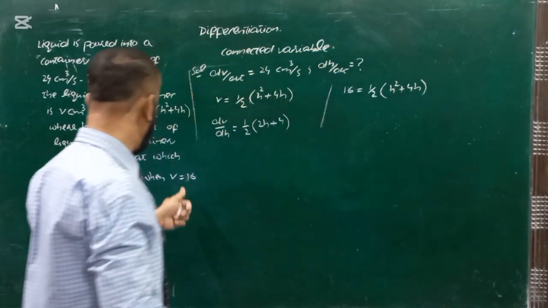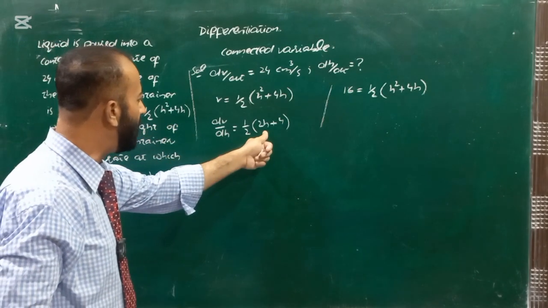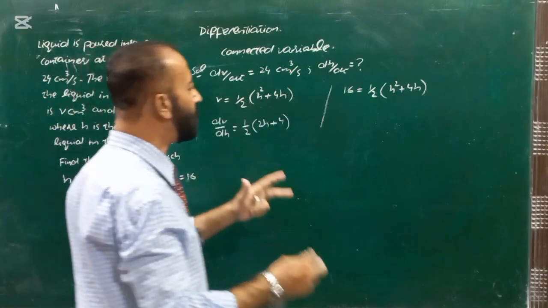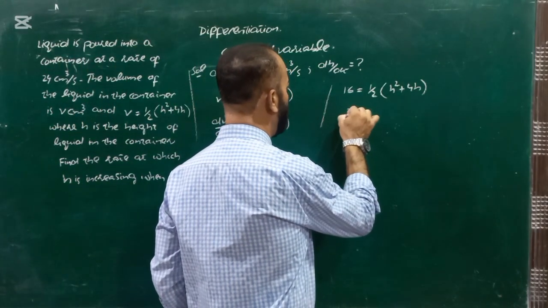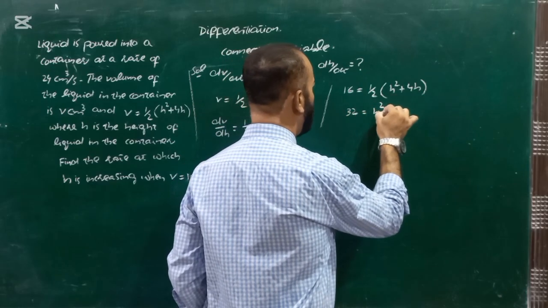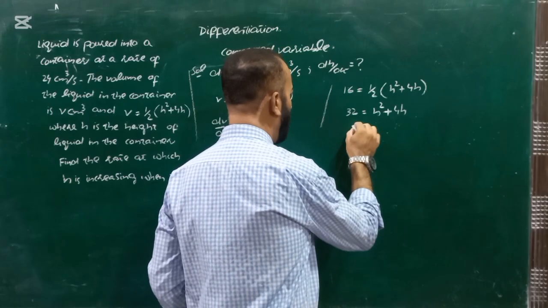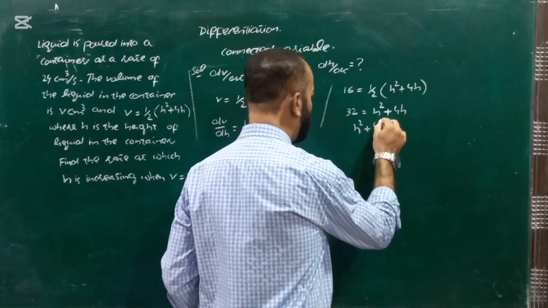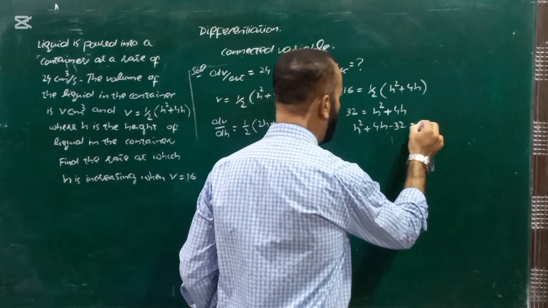So we have put the value of V into the equation to get the value of H, because we need the H value to get dV over dH in number form. So look now, 2 will be multiplied by 16, so 32 is equal to H square plus 4H. So H square plus 4H minus 32 will be equal to 0.